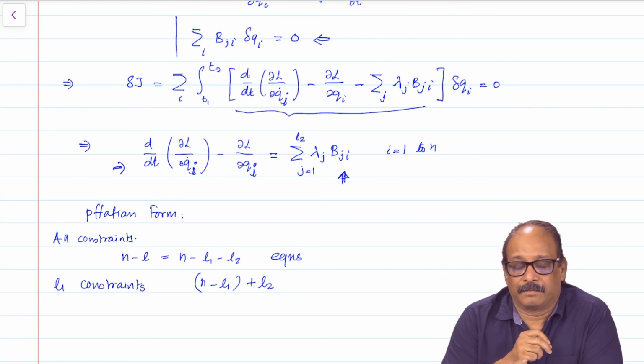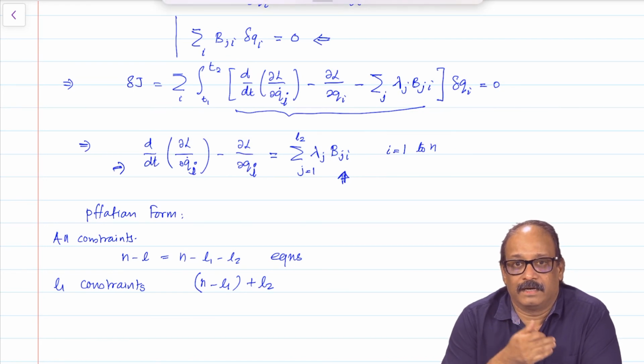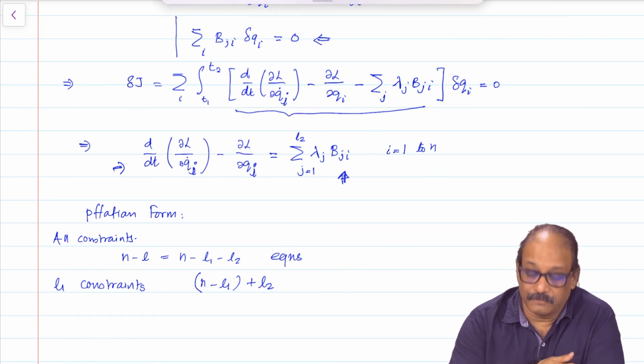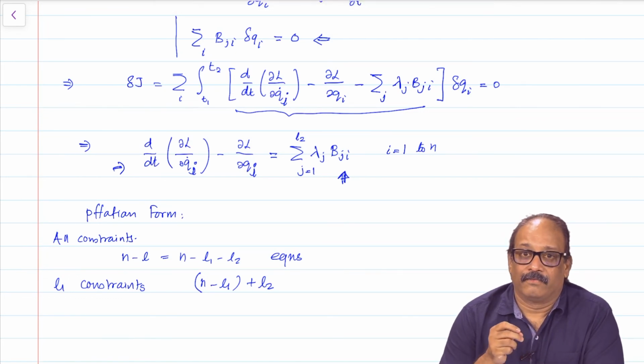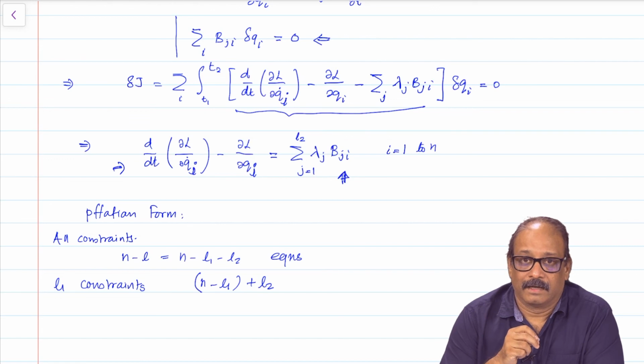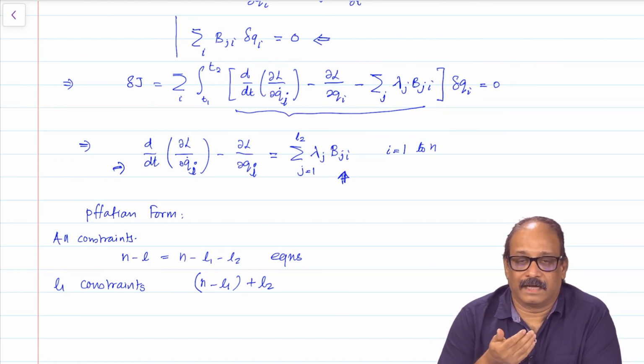It is based on a paper written in 1966 in the American Journal of Physics by Ray, and on the basis of that he has shown a derivation where you can take care of a very general form of constraints which are non-holonomic. But of course, for this course I will not touch that part.